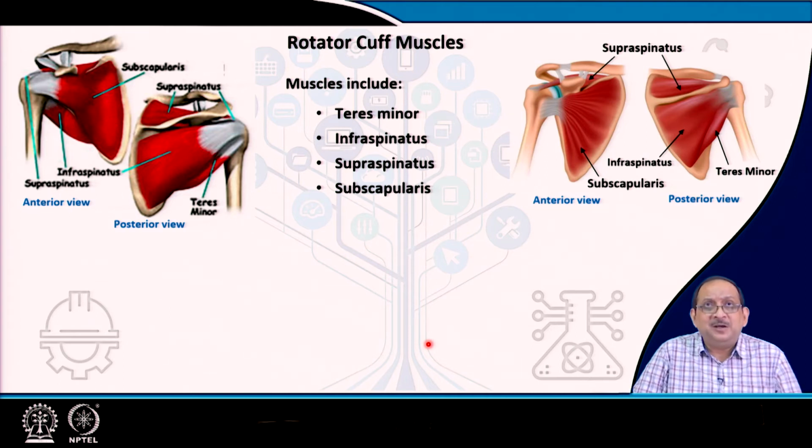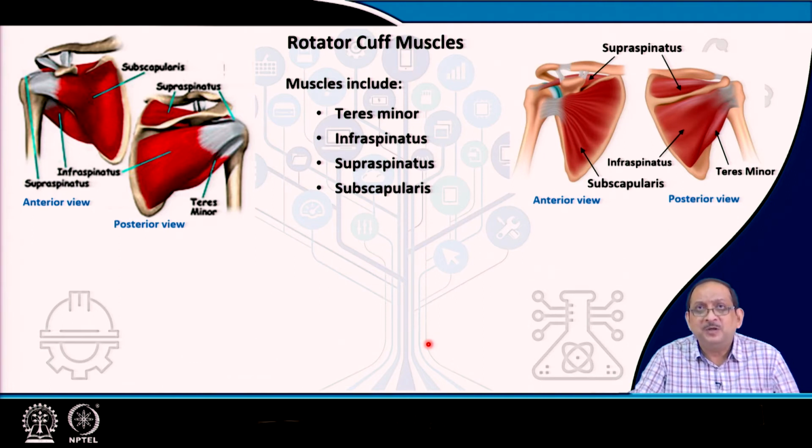As indicated earlier, the muscles of the rotator cuff are the teres minor, infraspinatus, supraspinatus and subscapularis, as clearly shown in the figures on either side.